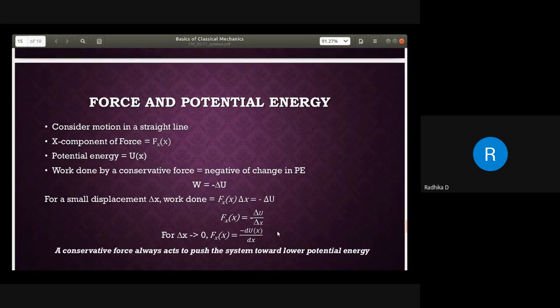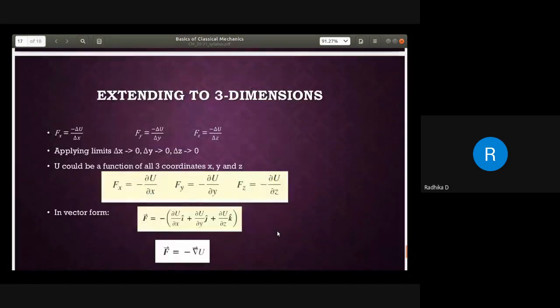So, if I know the components in three different directions, I can make them all together and get the final force, because whenever I apply a force or there is work being done, it is happening in three dimensions, all the three directions, x, y, and z.